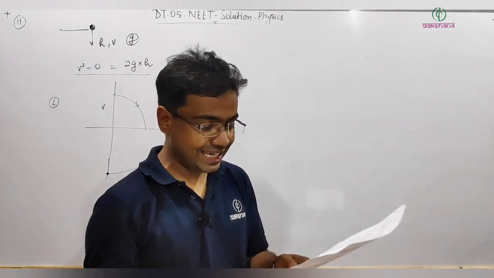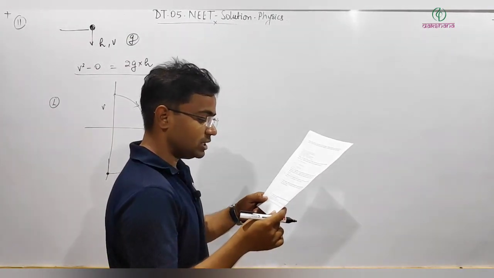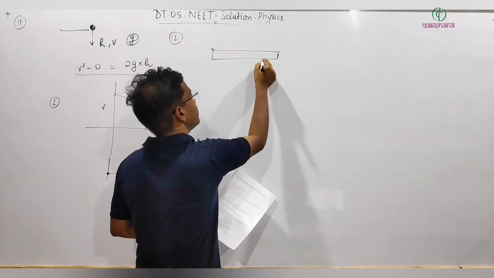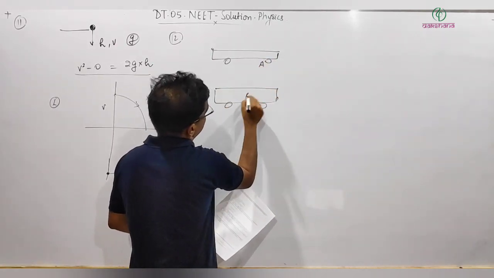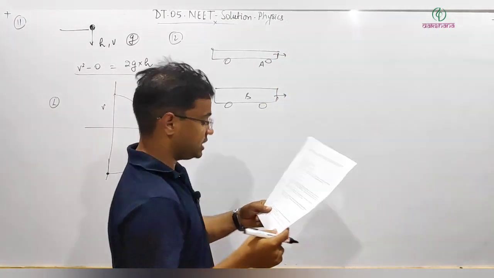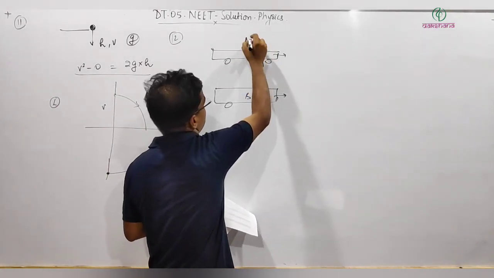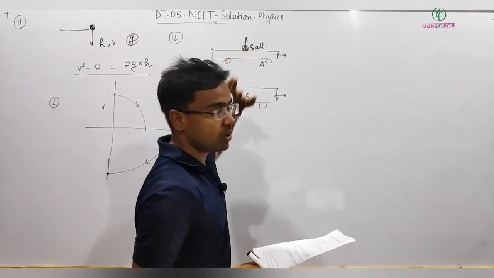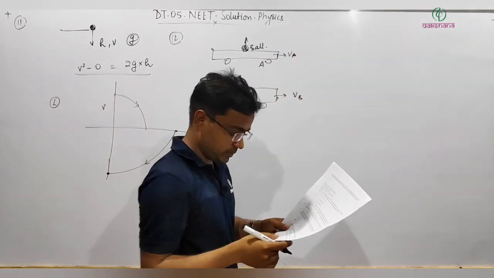Question number 12. A and B are two trains moving parallel to each other. If a ball is thrown vertically up, so let's say this is train A and another train B moving parallelly, and a ball is thrown vertically up from train A. So from here a ball is thrown vertically upward from train A, that is with respect to the frame of train A. Let's say it's moving with some velocity VA, and train B with velocity VB.